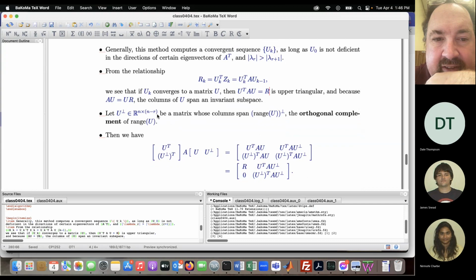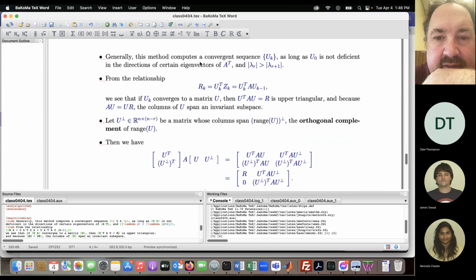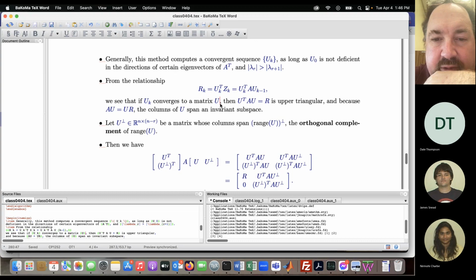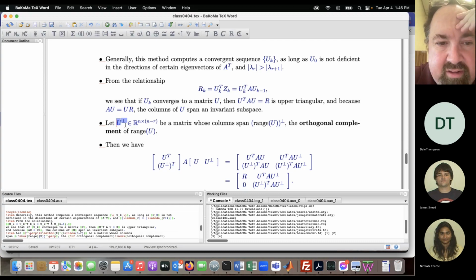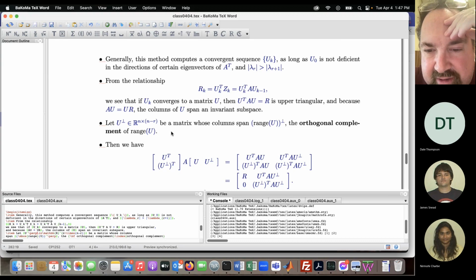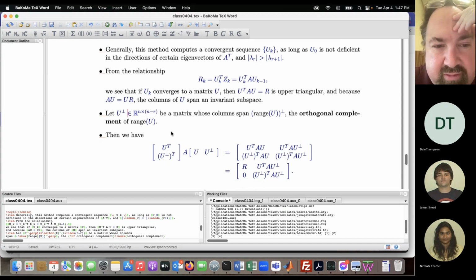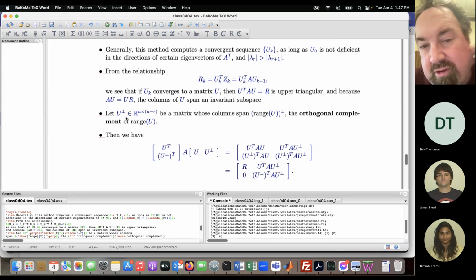Now, another way to look at it is if we take the columns of U, because U is a matrix of n rows and r columns, little r. If we extend that to an orthonormal basis, that would proceed by making this matrix U perp, and I think I should have made clear that the columns of U perp are also orthonormal.